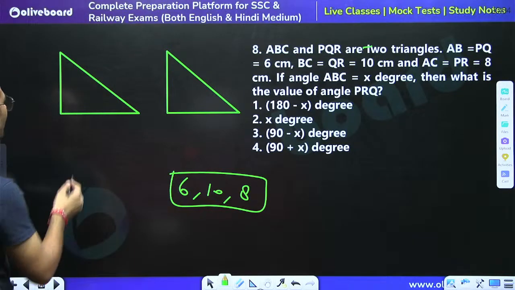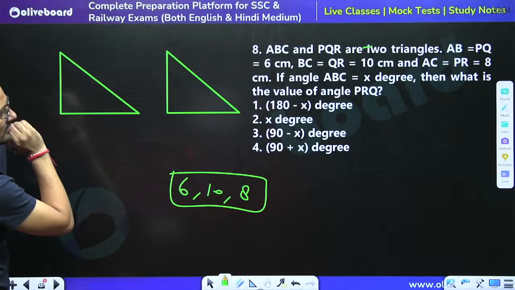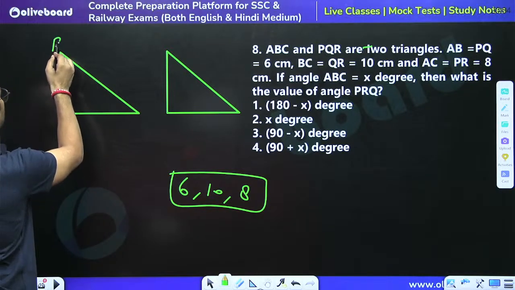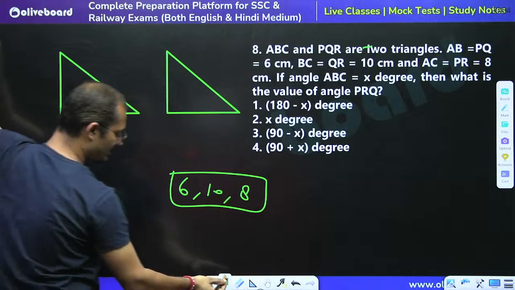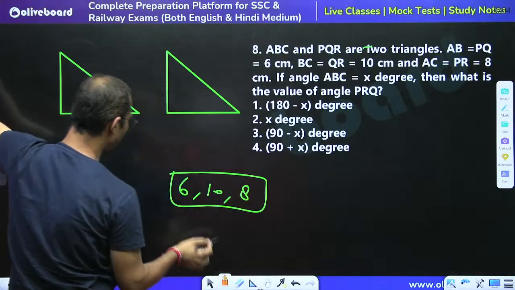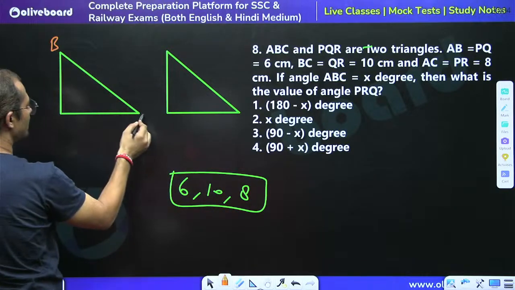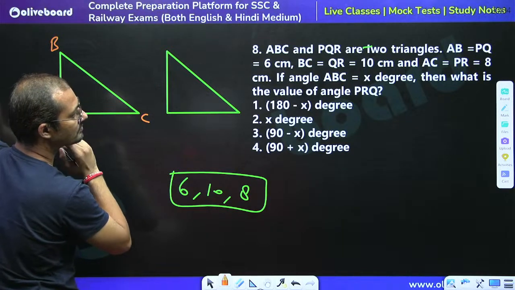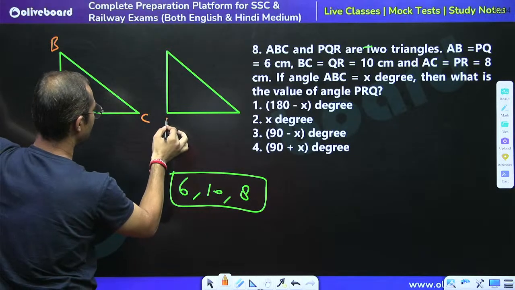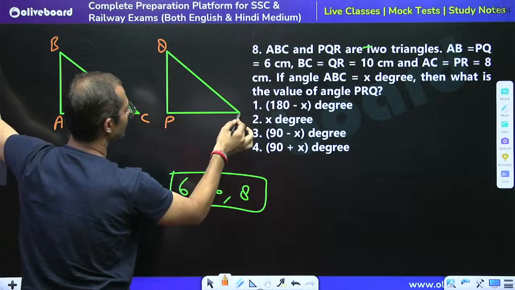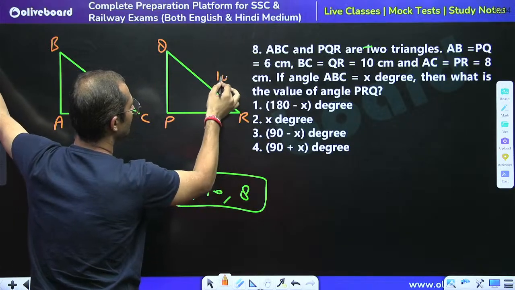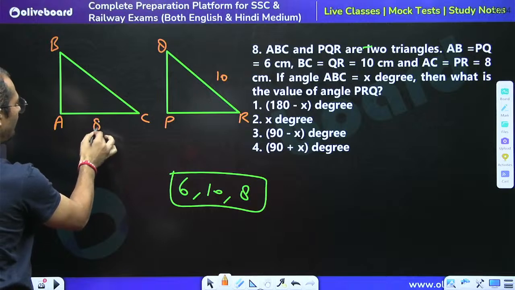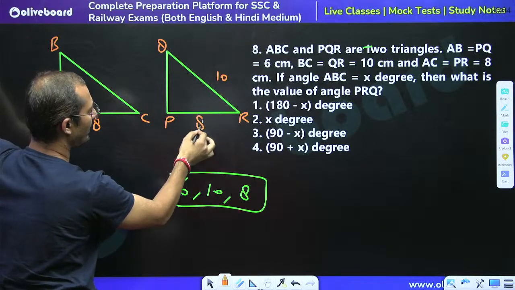So we can say that in ABC, BC is equal to 10, so BC is the hypotenuse. And in PQR, QR is the hypotenuse. Got it? So QR is 10. AC is equal to 8 and PR is equal to 8, right?